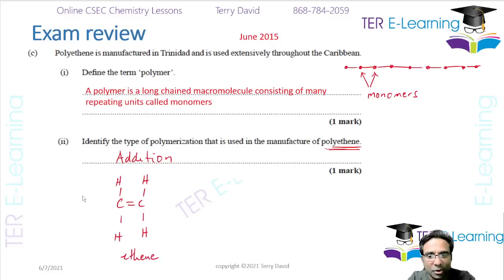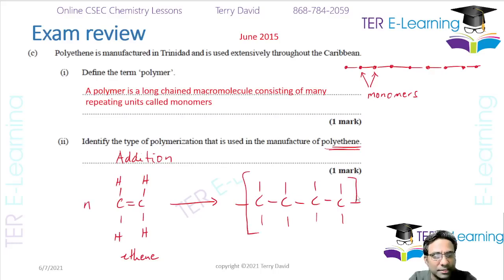So this is my monomer, and we have n of those, right, combining, usually under high temperature. Catalyst may require some kind of pressure, and what's going to happen here is that we get polyethylene being produced. Now I'm going to draw this using 2 repeat units, right? CSEC can ask you to draw 1 repeat unit or 2 repeat units, right?